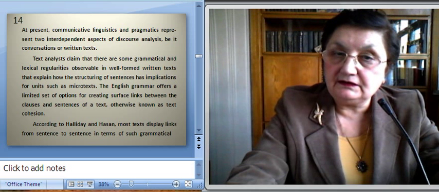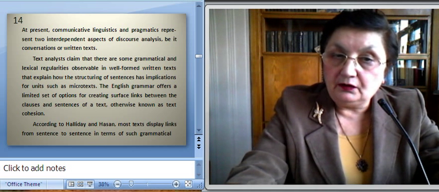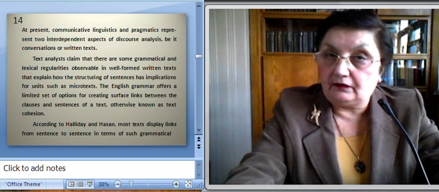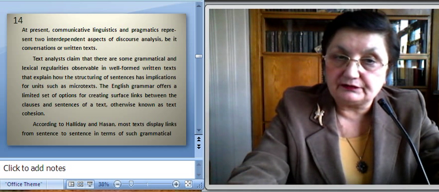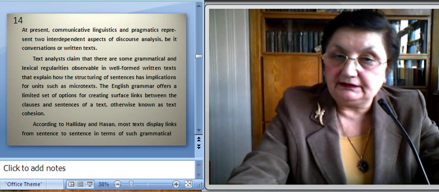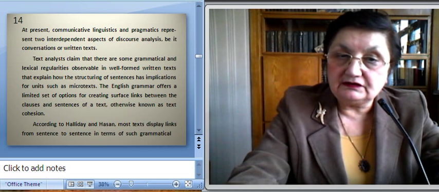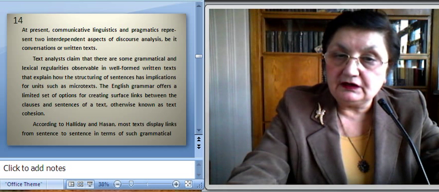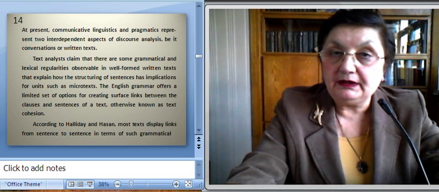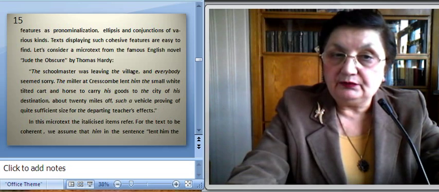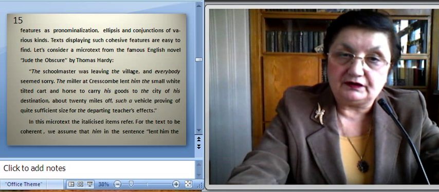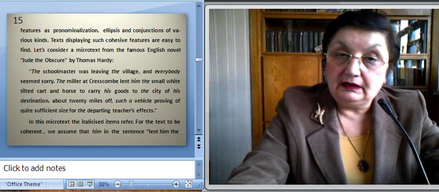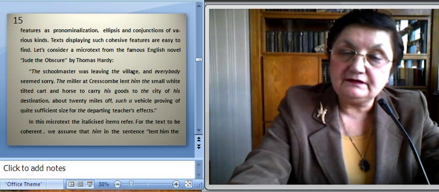According to Halliday and Hasan, most texts display links from sentence to sentence in terms of such grammatical features as pronominalization, ellipsis, and conjunctions of various kinds. Texts displaying such cohesive features are easy to find. Let's consider a microtext from the famous English novel Jude the Obscure by Thomas Hardy.